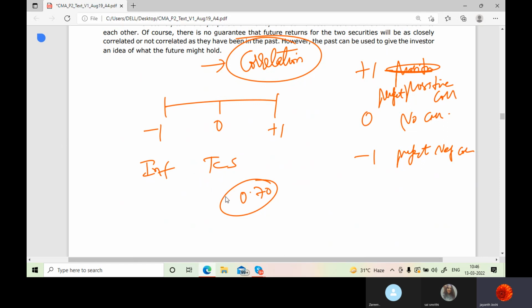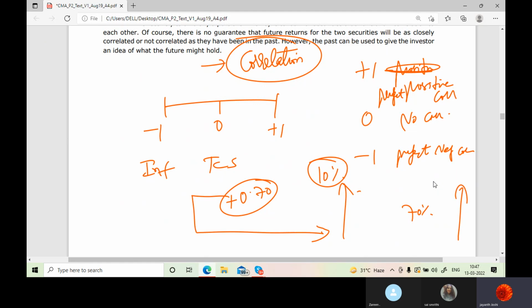So what we would interpret with this 0.70, which is positive, is if Infosys stocks are increasing by, suppose, 10%, there is a 70% chance that TCS stocks would also increase by 10%.